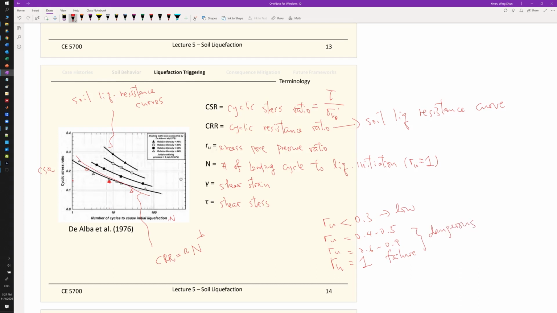So how much excess pore pressure being generated would cause you concern? I would say about 0.6. That is quite dangerous. Here you start to worry about getting to the full liquefaction type of failures. Here you're more in the cyclic mobility.